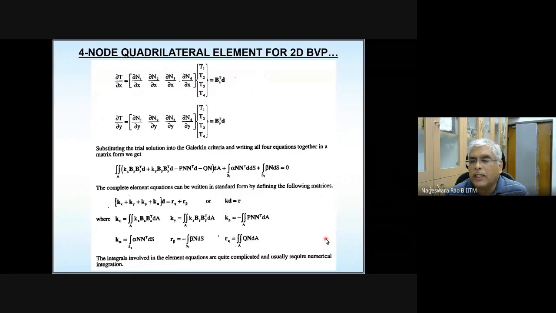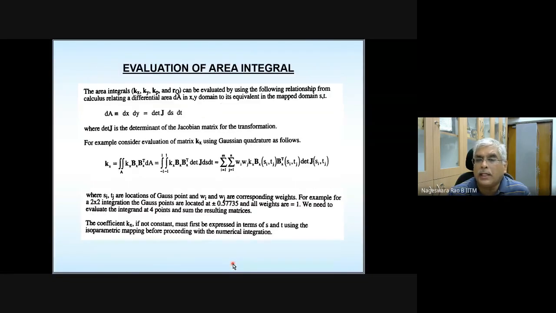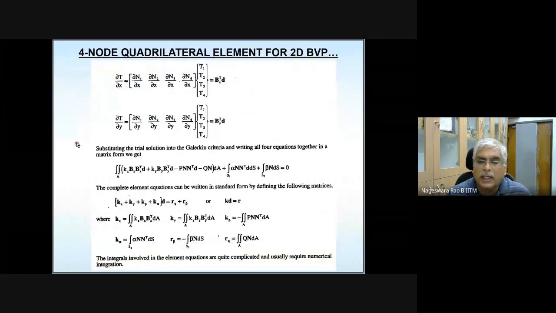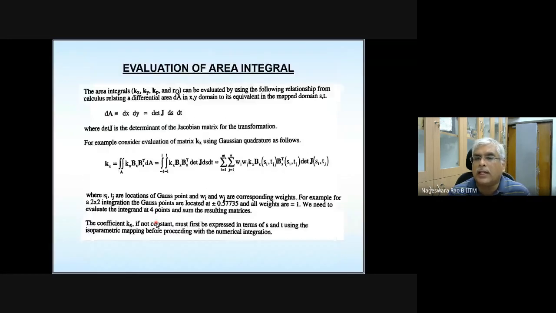Changing the limits of integration to -1 to 1, you can adopt Gaussian integration. So how to do that? This dA is there. dA is the differential area in the xy domain.